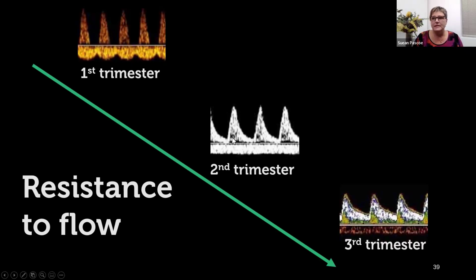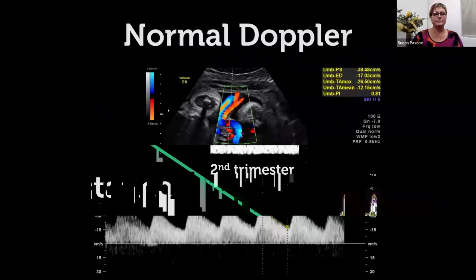In second trimester, high peak systole, and there is some flow in diastole, but it's not very much. And then in third trimester, we need to see more flow here in diastole. And again, this is a normal pattern. So we see that resistance to flow decreasing with advancing gestational age.